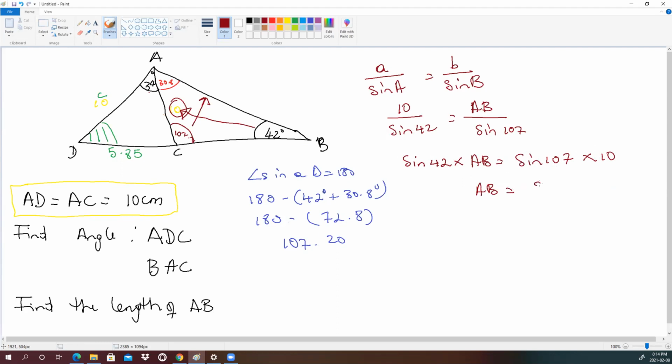AB equals sine 107.2 times 10 all over sine 42.